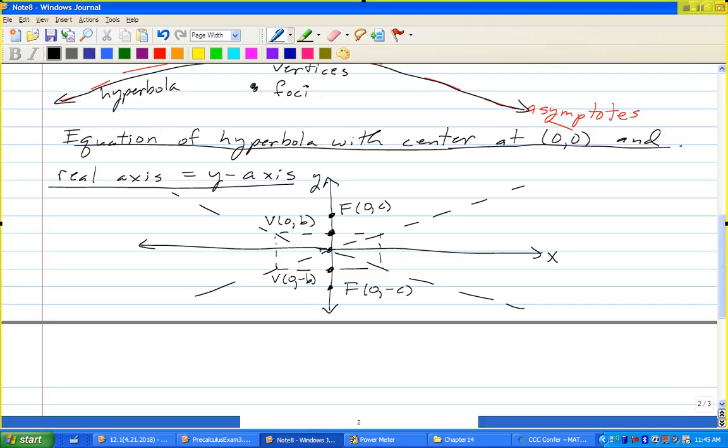Okay. And so my center here is at the origin. And suppose that this here is at a.